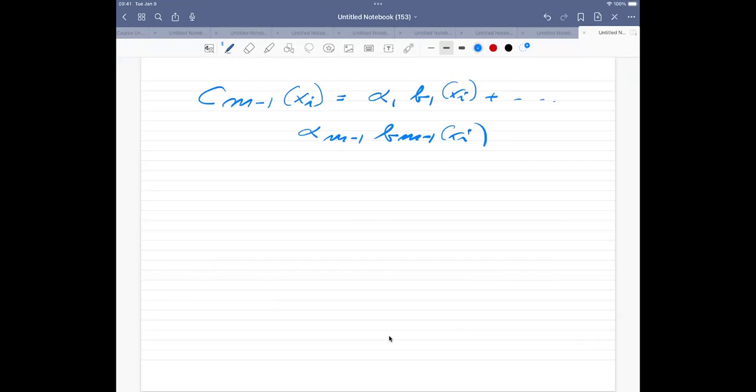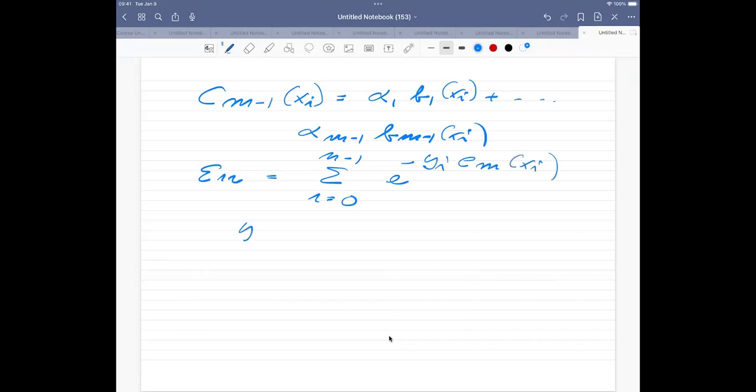The way to find the parameters in this AdaBoost is to define an error function, which is now our cost function. So which is now given by a sum over all the data sets which we have. And then we multiply the exponential with minus y of i times this function Cm of x of i.